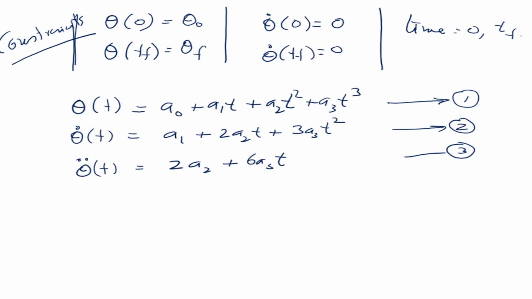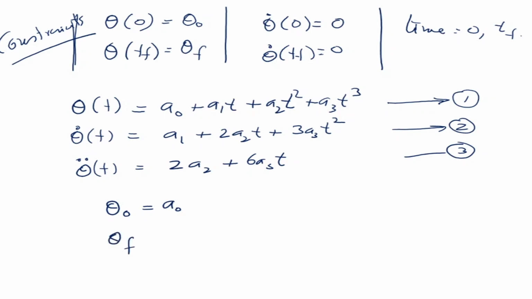Okay, so I take my position constraints and put them in equation 1, so I get two equations. At time equal to 0, all the time terms become 0, so theta naught becomes equal to a naught, because all the others become 0. Now at time equal to tf, the position is theta f.